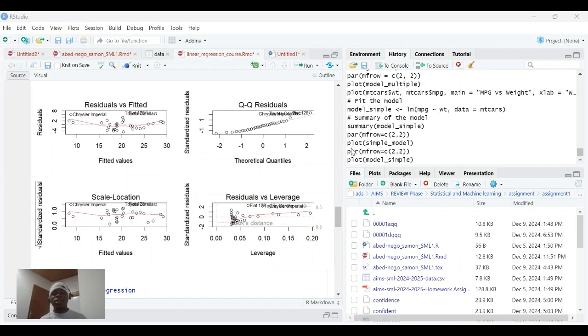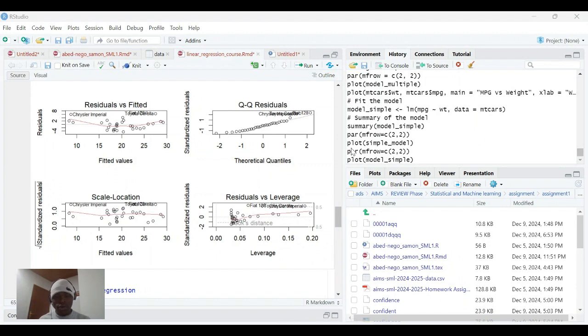If the points are distributed randomly around the horizontal line, this means that the model is good.